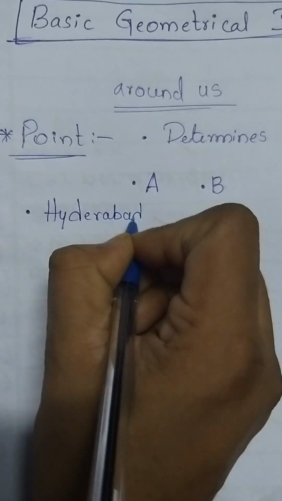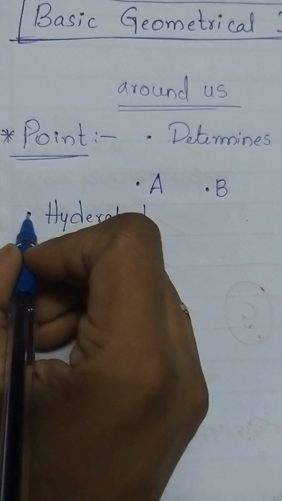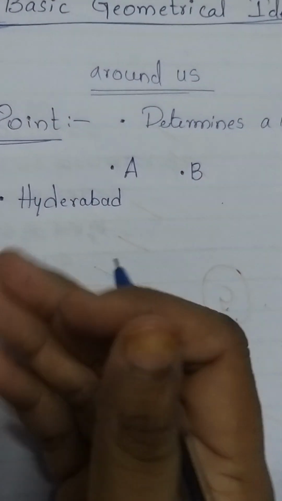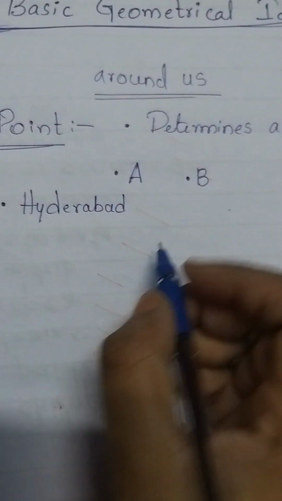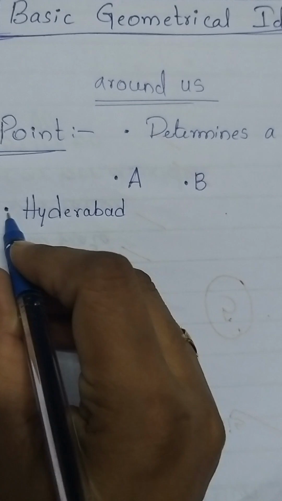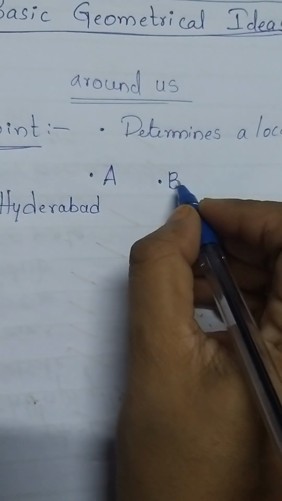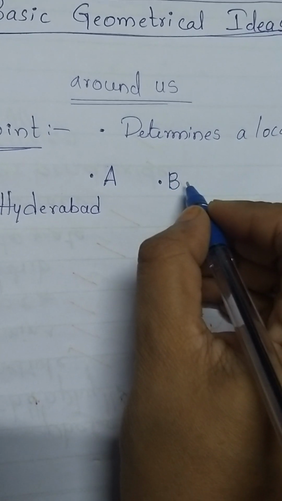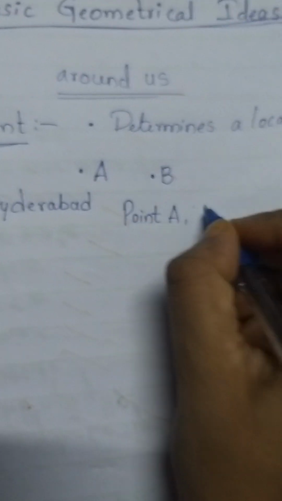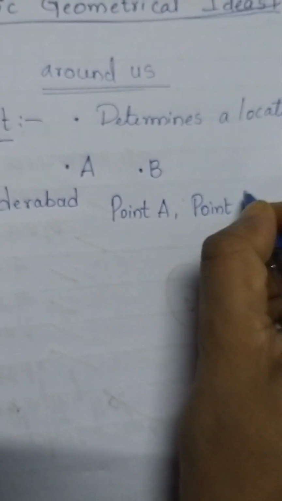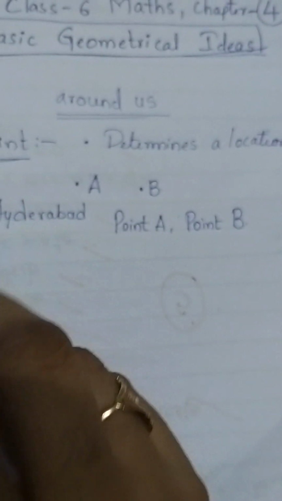Like this we locate using only a simple dot. Dot means a point. When we locate a point, it is denoted with a capital letter, like point A and point B. Capital letters represent a point.